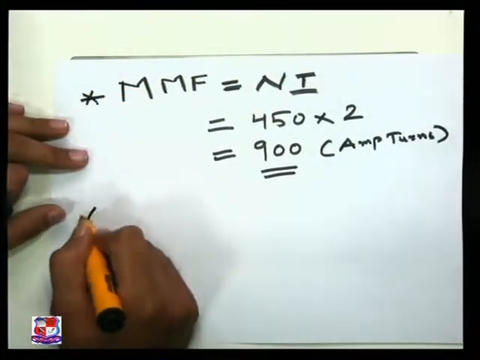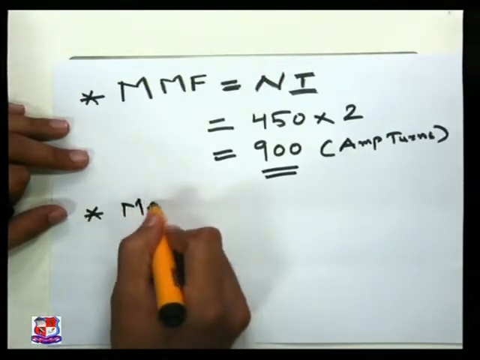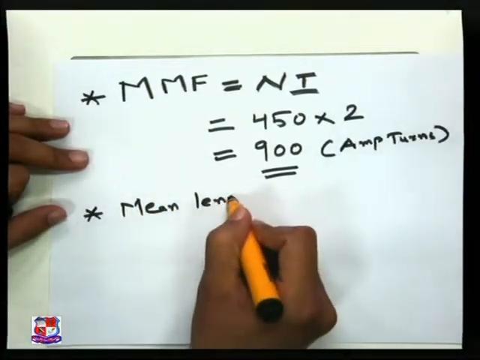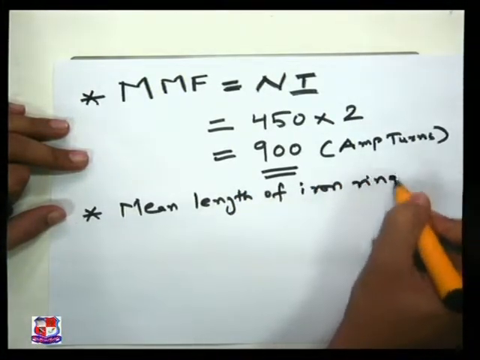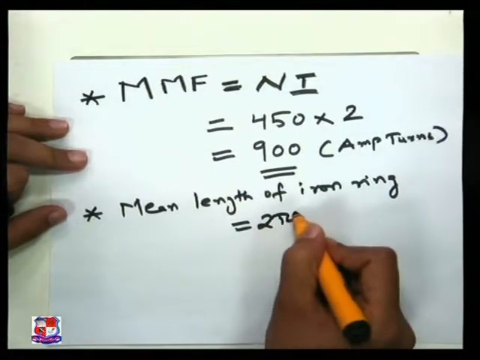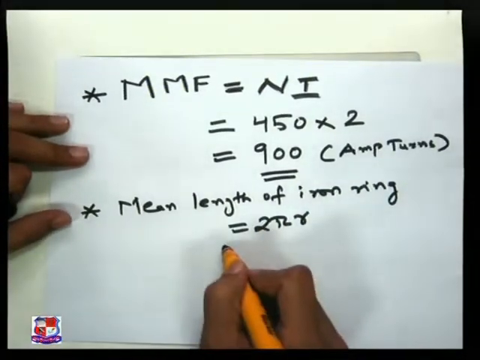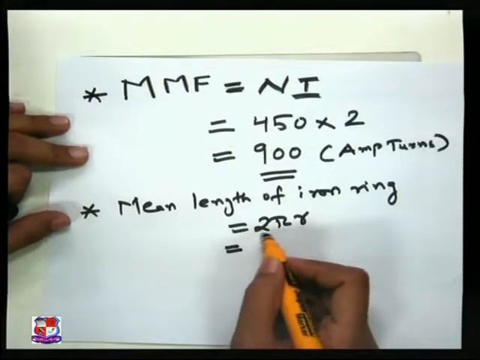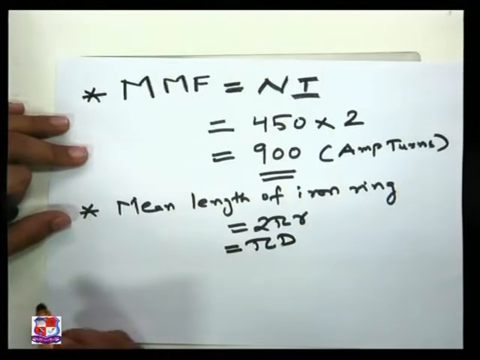Okay, next, mean diameter. Again, if you see mean length, there is an equation for the mean length of the iron ring, that is equal to 2 pi r. Because diameter is 2r, I can directly write it as pi d, right?